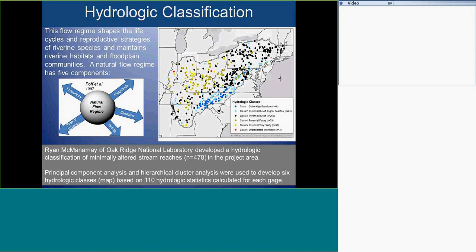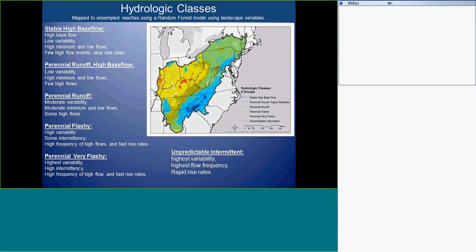And here we're trying to get a handle on the flow regime and how it shapes the life cycle and reproductive strategies of riverine species. He did principal components analysis to measure the gauges. He had multiple aspects of each stream segment, and he clustered them into stream types that had very similar sets of attributes.